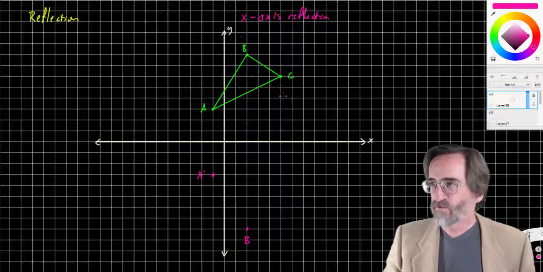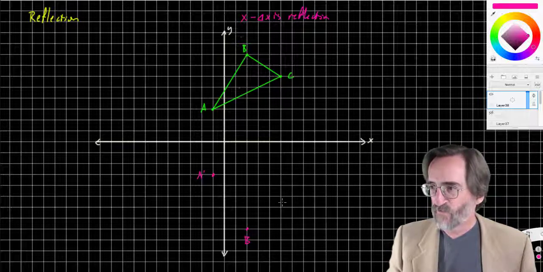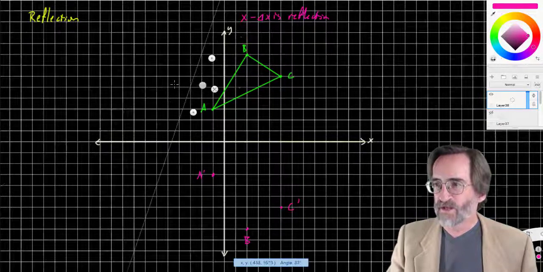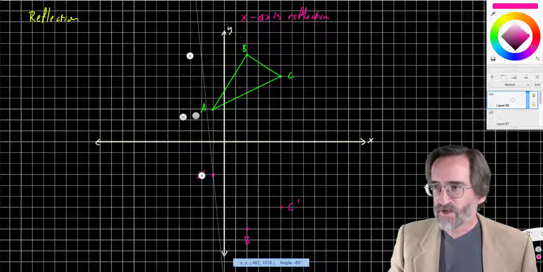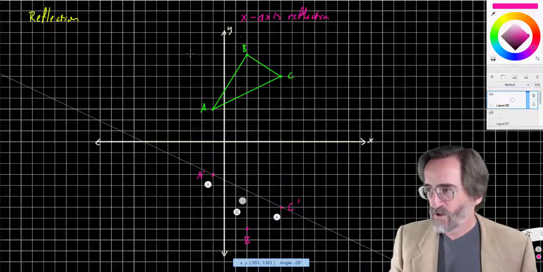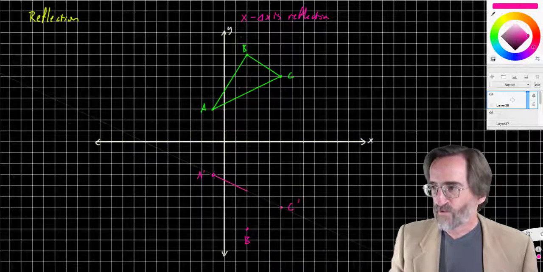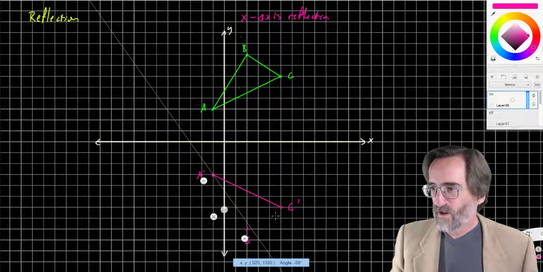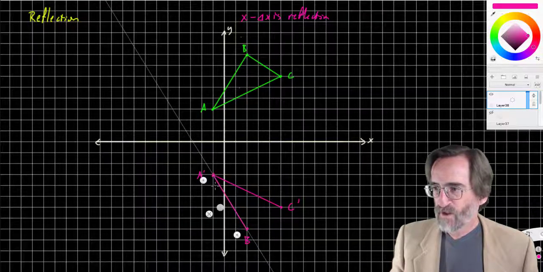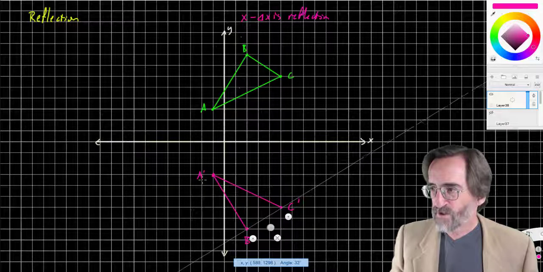C is 2, 4, 6 above, so C prime is going to be 6 below. The reflection across the x-axis is the same triangle, but it's been flipped. So there we have A prime, B prime, C prime, the image of ABC.